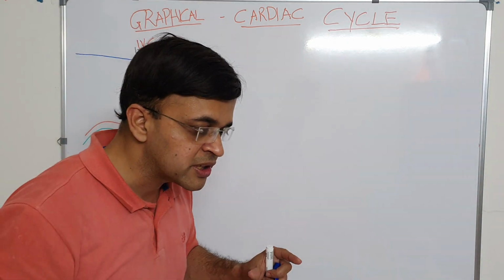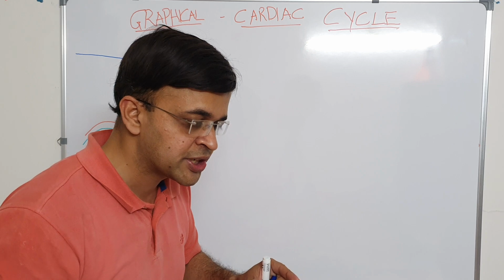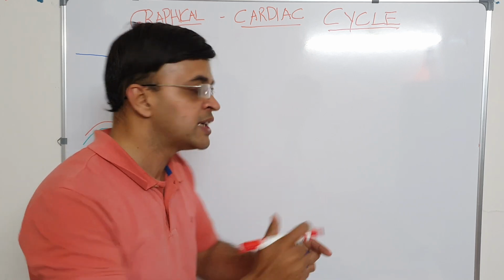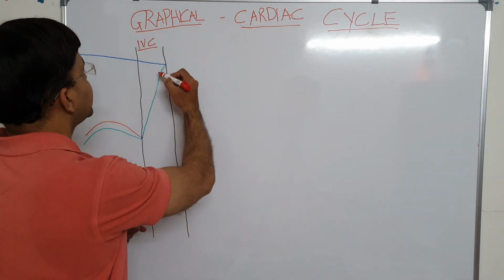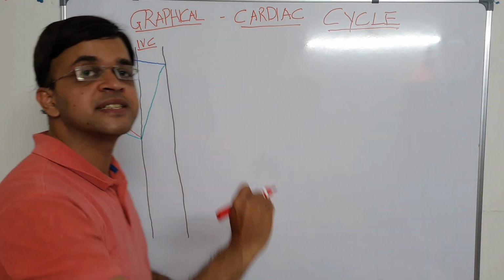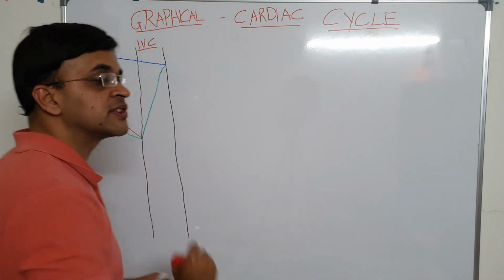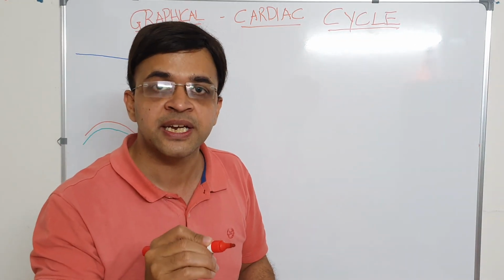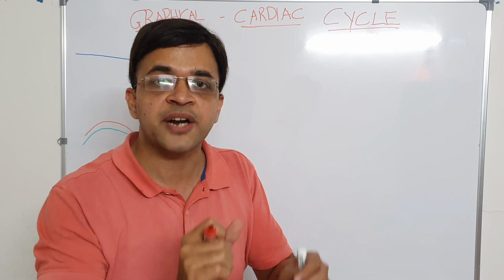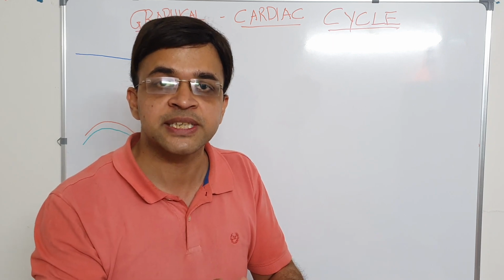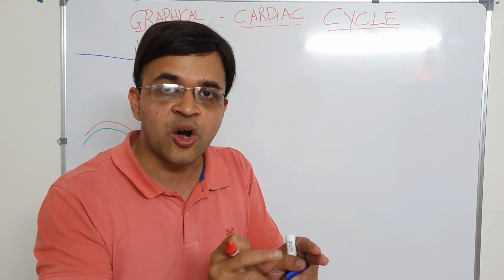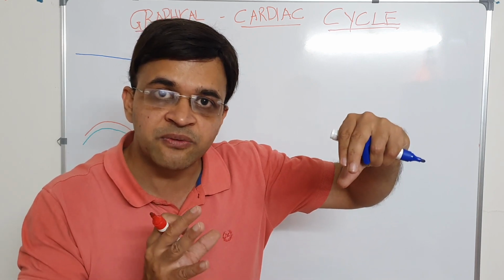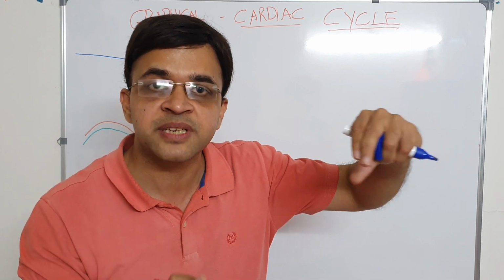Ventricles are continuously contracting, increasing the pressure from 5 to 15, 20, 30, 40, 50, 60, 70, and finally 80. As soon as the ventricle crosses the pressure of 80 millimeters of mercury, the aortic valves are going to open, right? As soon as the aortic valves open, the aorta and the ventricle become the same cavity.